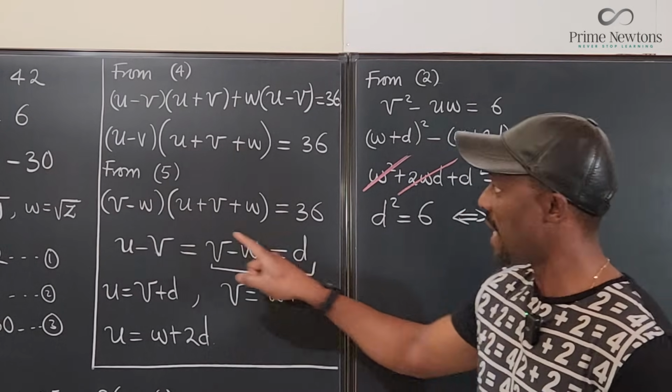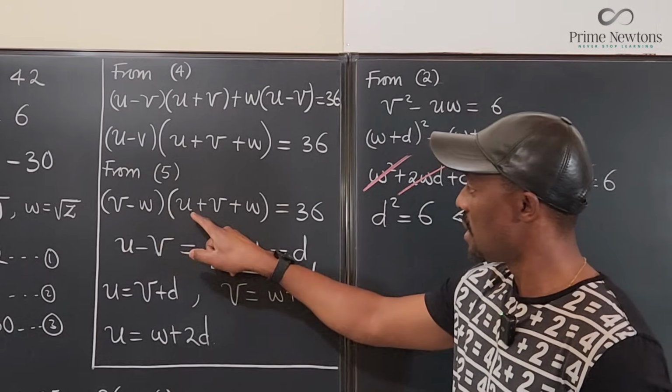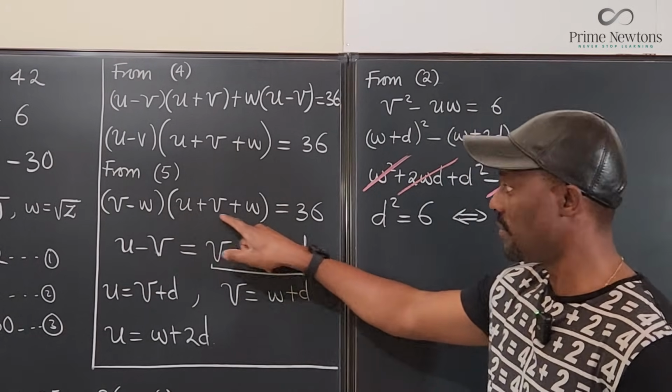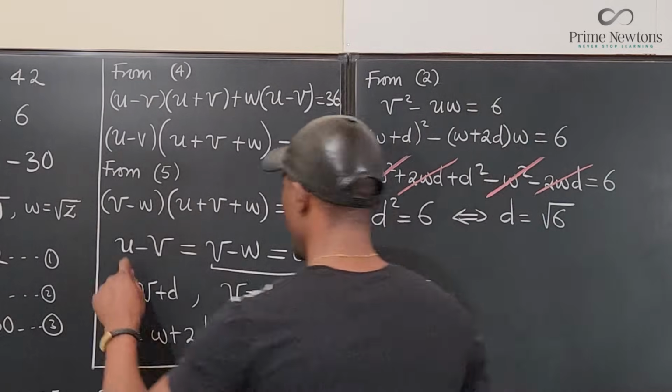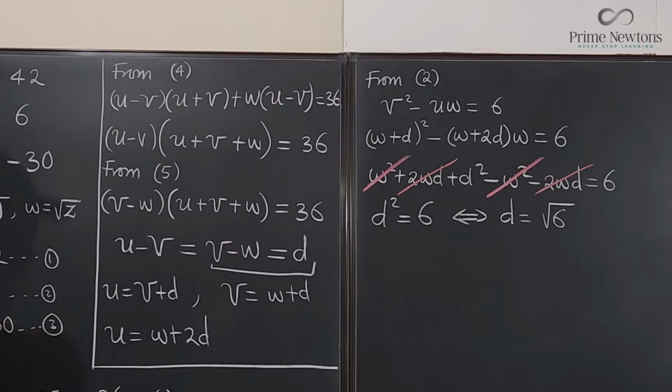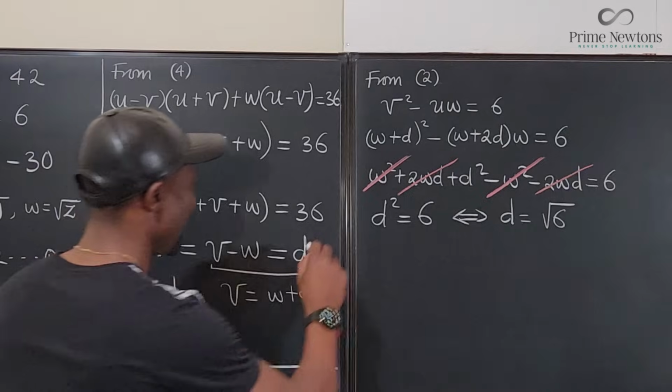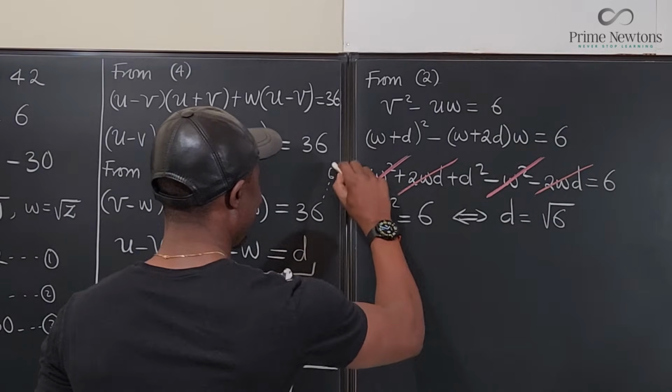So I can say v minus w multiplied by all of these, written in terms of d, will give me an answer. I didn't give this equation a number, so let's call this equation 6.